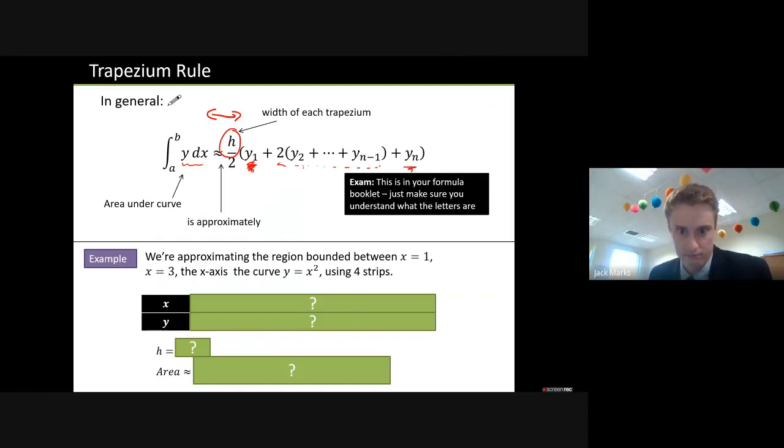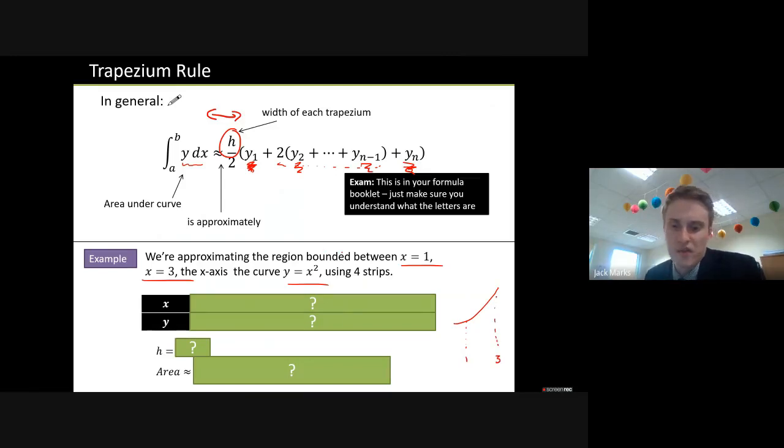Whereas these y values come from putting an x value in and getting the y value, so they're not too tricky really. A quick example: between 1 and 3, x squared. So x squared looks like that, and we're talking about between 1 and 3.